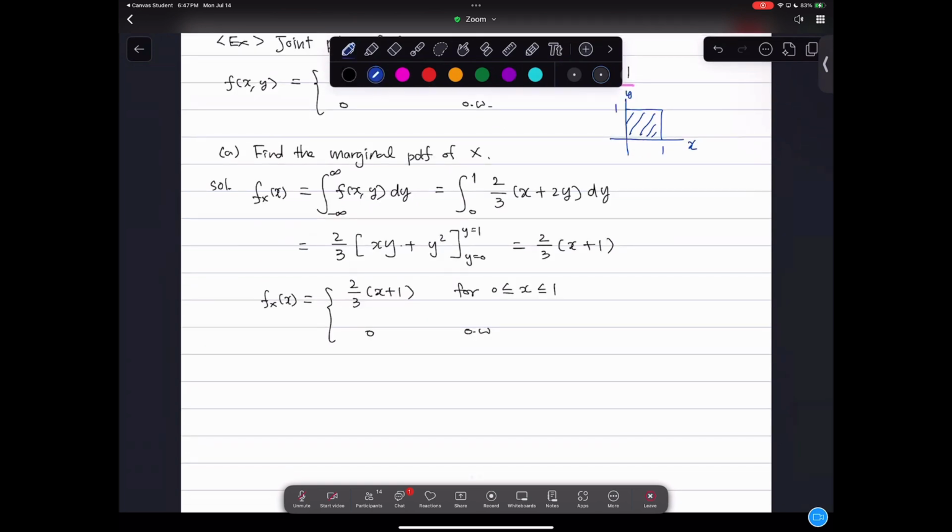Look at the graph of the PDF of x. It's only from 0 to 1, and 0 everywhere else. That's my marginal PDF.